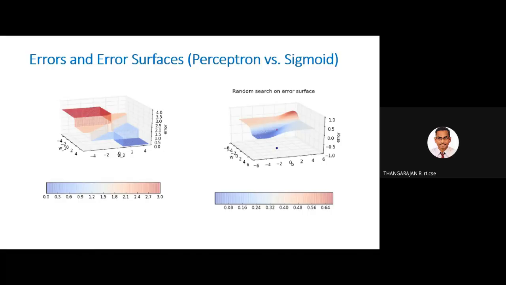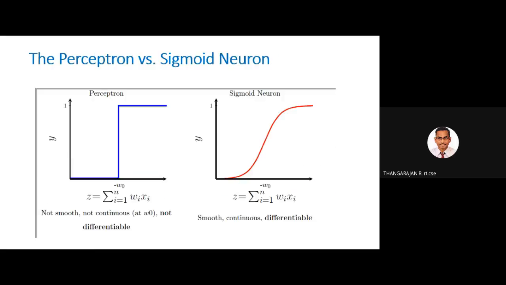And when I talk about the error surface, in learning what we are doing is we are always trying to adapt our weights based on the error between the output we get and the desired output.